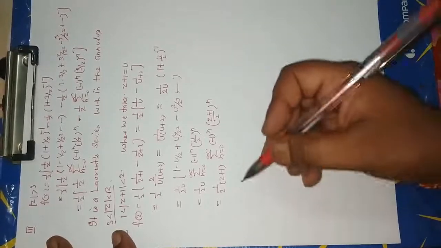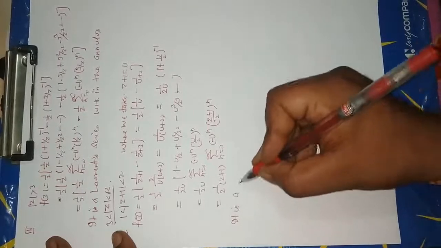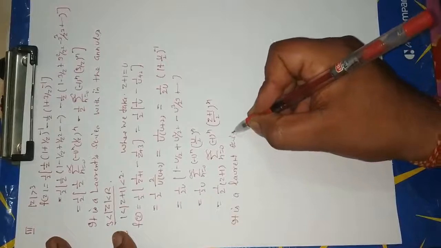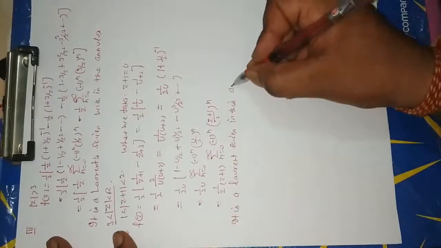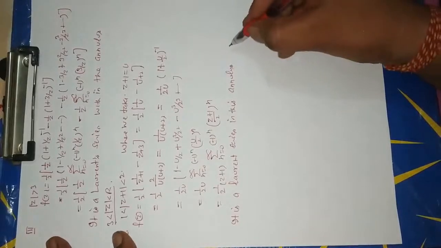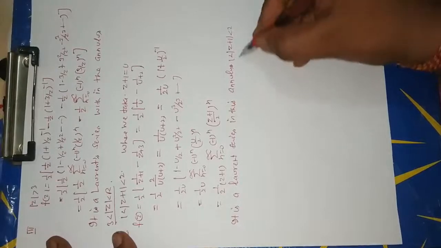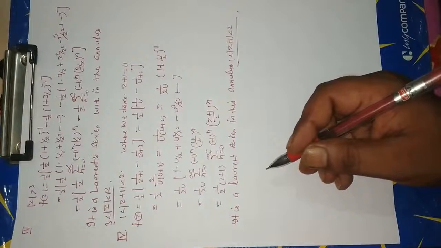It is a Laurent series in this annulus, z plus 1 modulus greater than 1 less than 2. Okay.